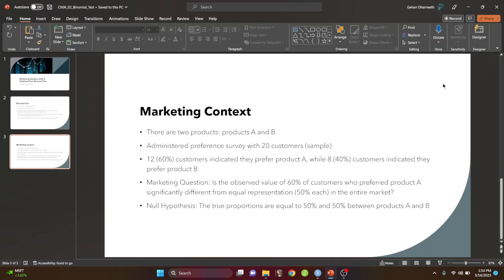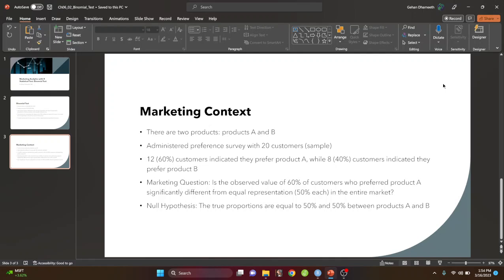So let's look at a marketing context here. Now there are two products, product A and B. Let's say our product and our competitor product, or it could be our own two products, whichever way is fine for you to think about this context.